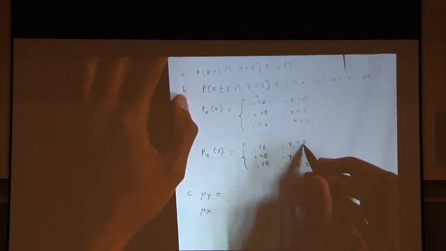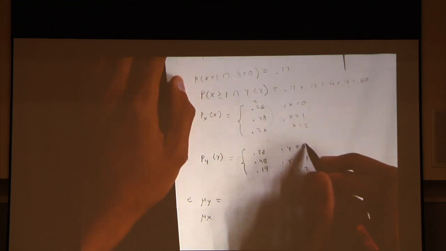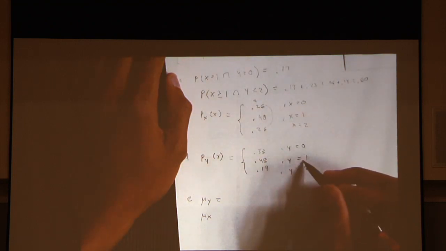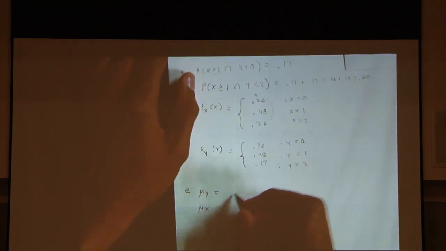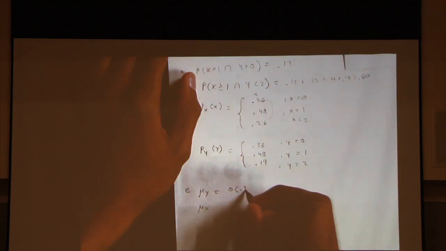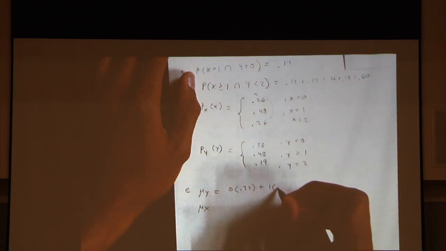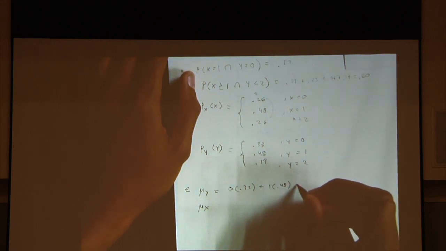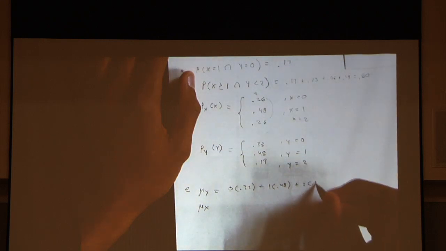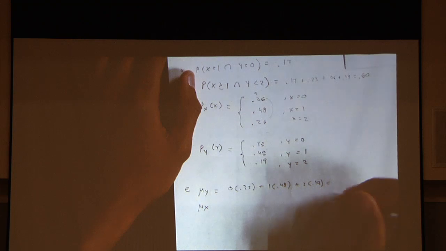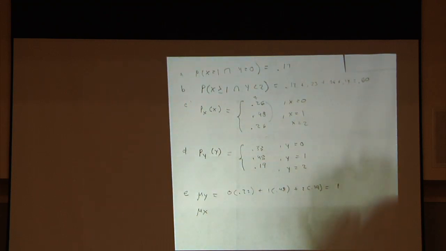So instead of having to add all these up, you can just do this times this plus this times this, right? So it'd be 0 times 0.33 plus 1 times 0.48 plus 2 times 0.19. It ends up being 1. So it's right in the middle.